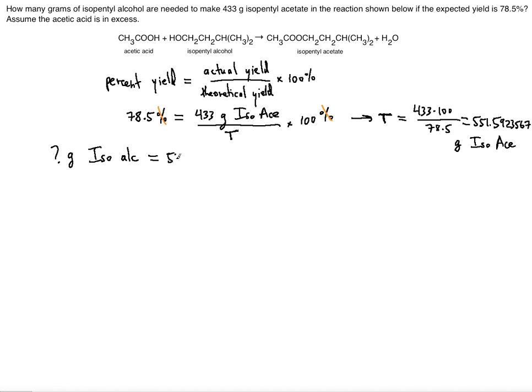So we'll take 551.5923567 grams of isopentyl acetate, then multiply it. We're going to need conversions.